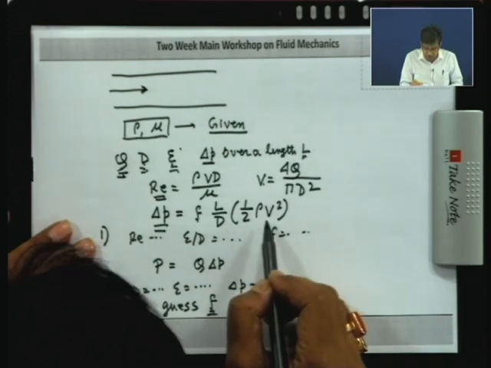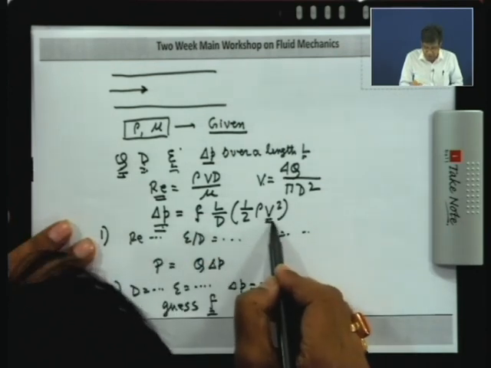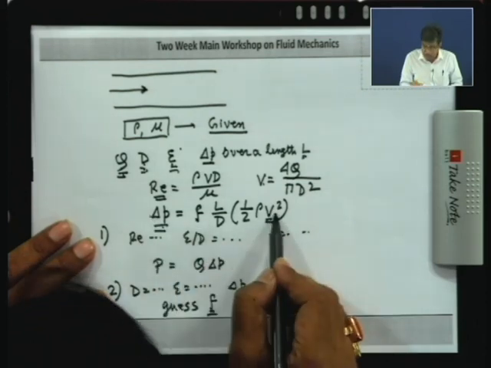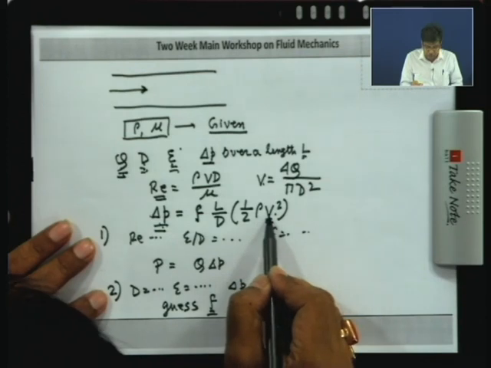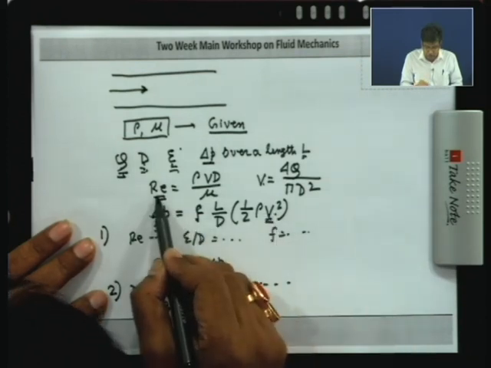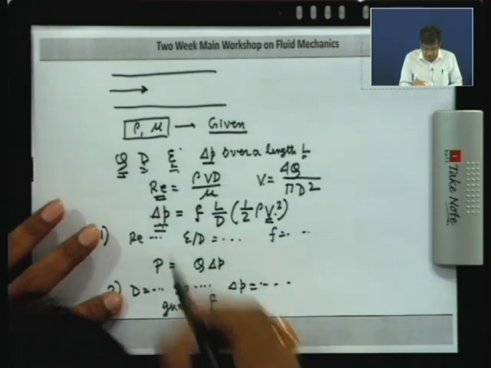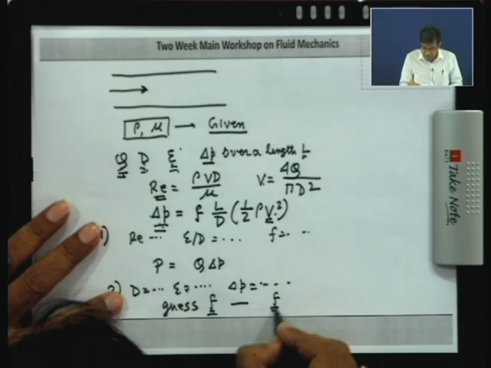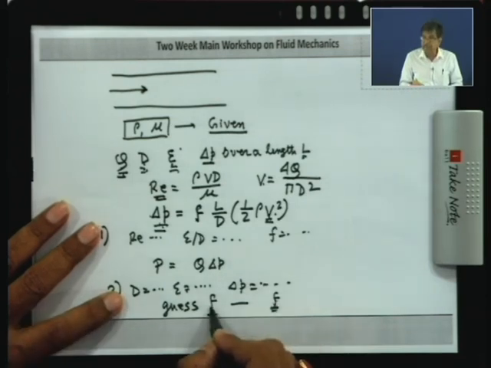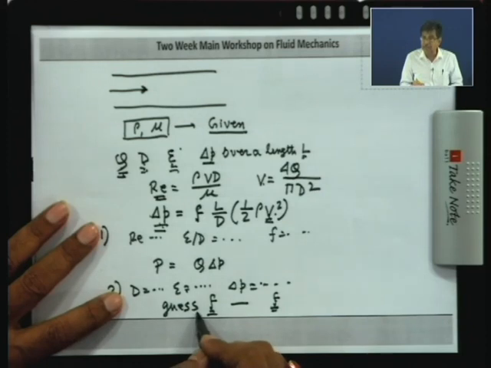So, when Q is not known, if you guess the value of f, from the pressure equation we can find out the value of V. When V is known, Reynolds number is known, and epsilon is already known. We can read the value from Moody's diagram and update this guess value. This way iteration is made until the value of f is converged. So, convergence depends upon the initial guess value.